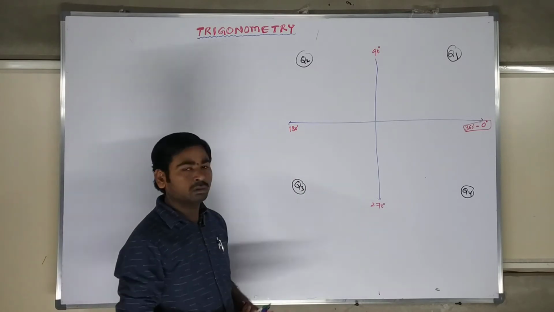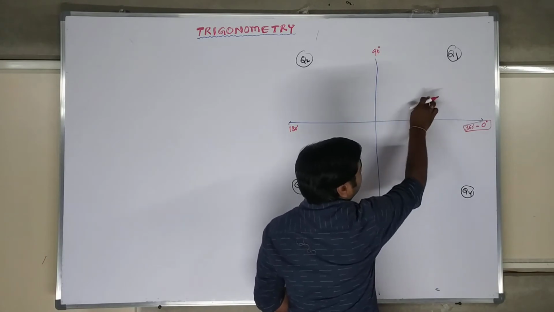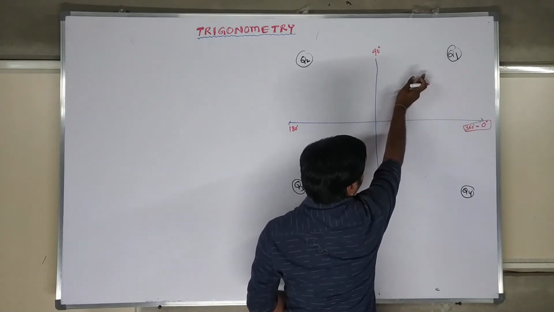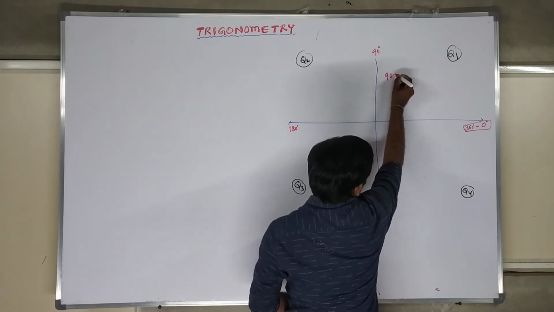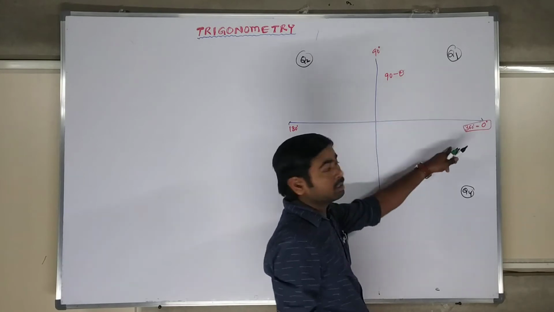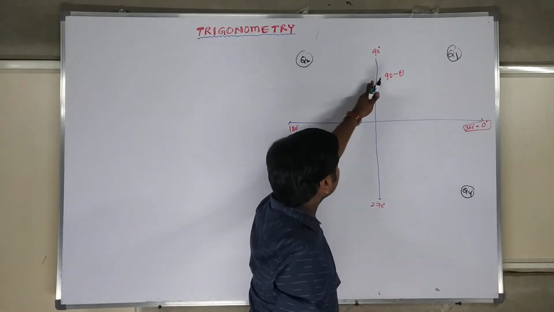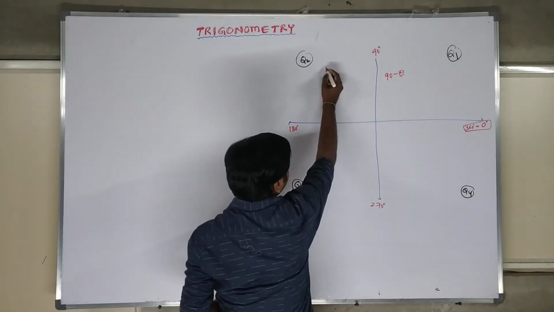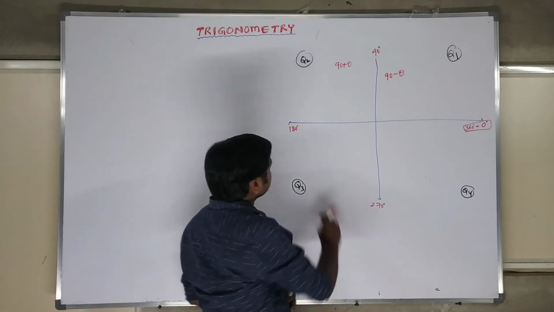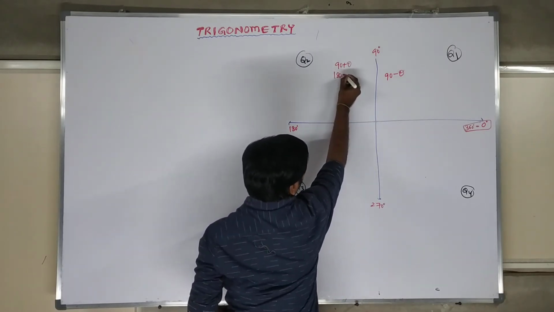Next, you have to write the angles. In quadrant number 1, 0 to 90, the values are less than 90, so we write 90 minus theta. If it is more than 90, we write 90 plus theta, and values less than 180 are 180 minus theta.